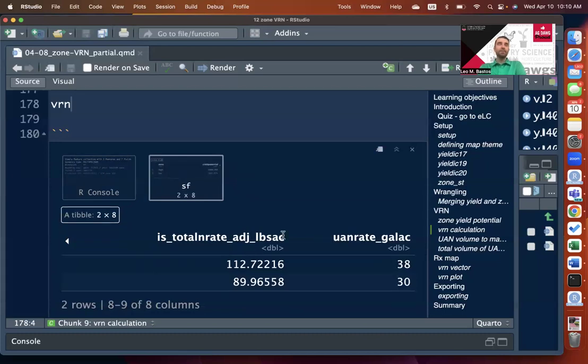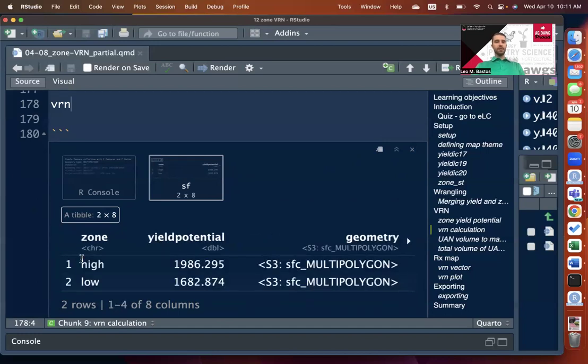Really what I need from this at this point, all of these columns in between the last one and the first one are just intermediate columns that we did step by step to get there. It's almost like if you use Excel, these would be different columns in Excel, right? You have a formula here, a formula there, until you get to the end, which is what you need. So really what we need from here is the UAN rate and the zone. That's all I need at this point if I want to make a map of this.